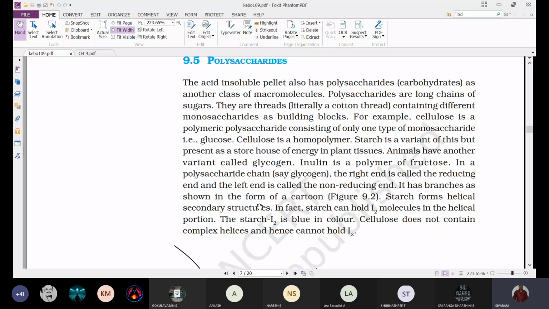The acid insoluble pellet, pellet meaning solid because it is obtained as a solid substance, also has polysaccharides, a type of carbohydrate, as another class of macromolecule.